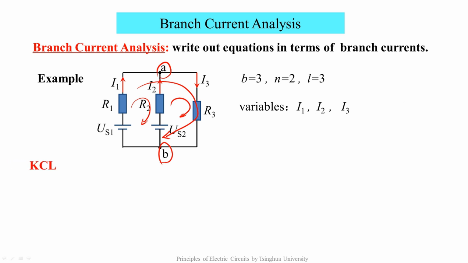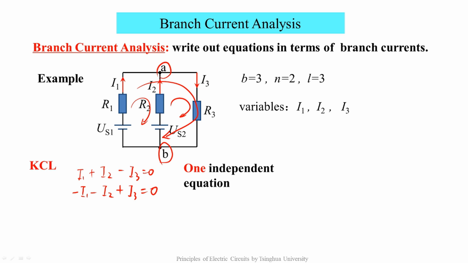Firstly, we write the KCL equations for the two nodes. We have I1 plus I2 minus I3 equals 0 for node A, and minus I1 minus I2 plus I3 equals 0 for node B. Obviously, there is only one independent equation.